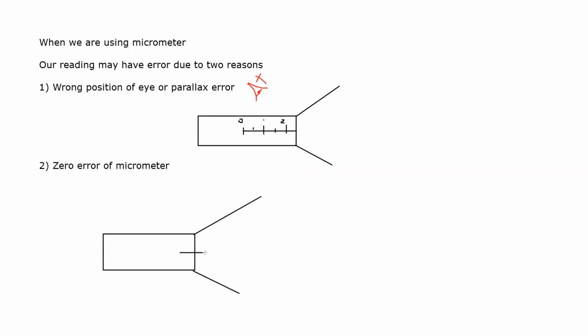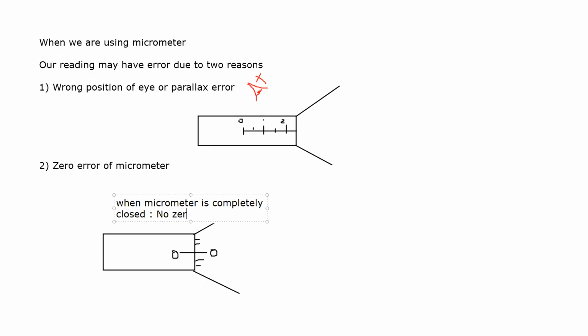It should appear like this, that the zero of the main scale and the zero of the circular scale are in line. So 0 of the main scale should come in line with 0 of the circular scale. This we call that there is no zero error here.